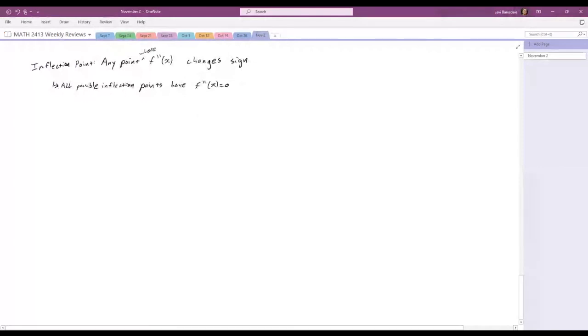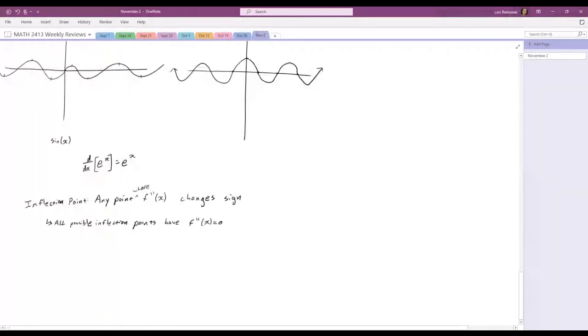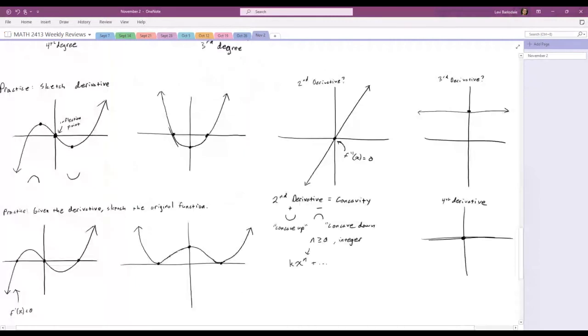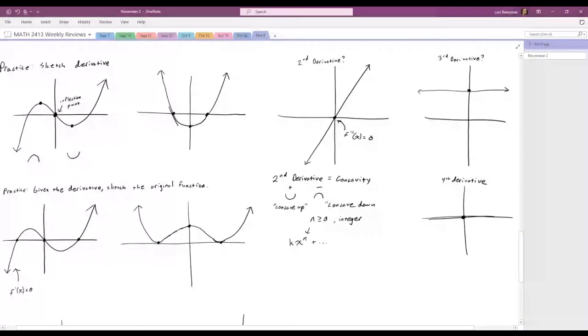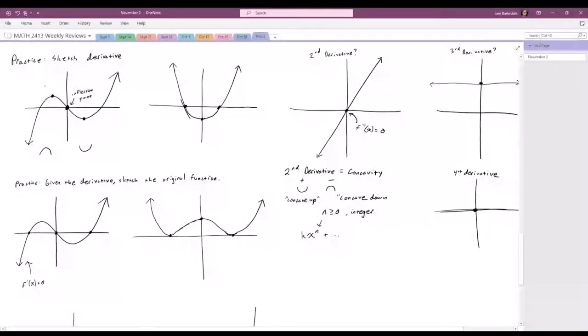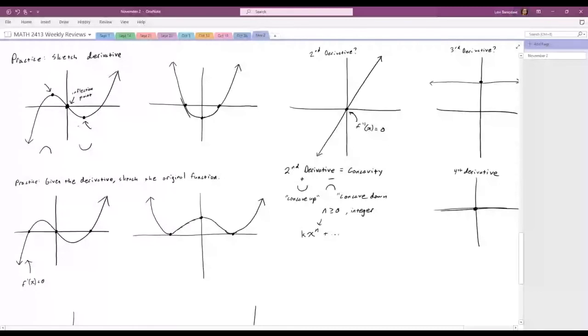There is also the second derivative test, which also uses the second derivative. In this case, the second derivative test is used to classify maximums and minimums. So right here and right here we have a maximum and a minimum respectively.